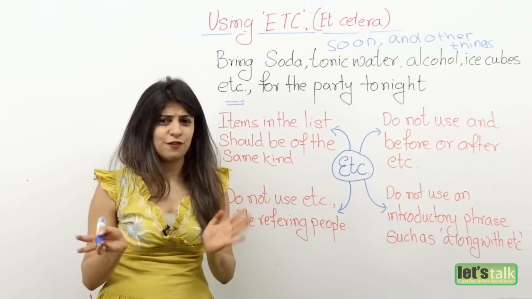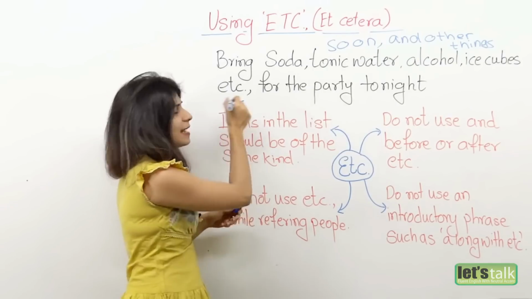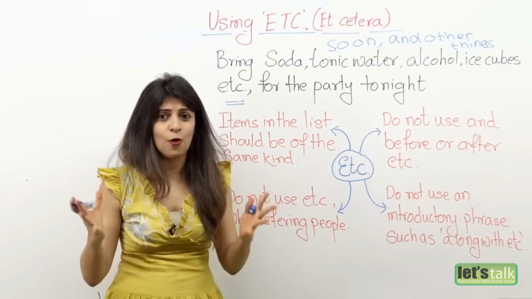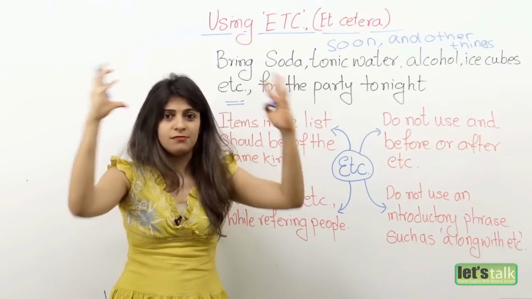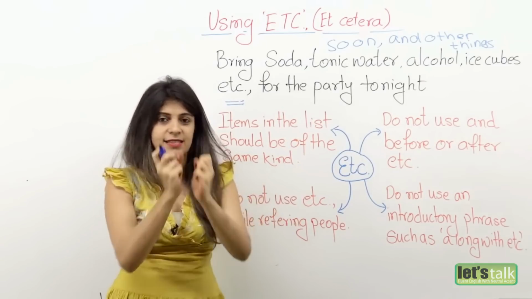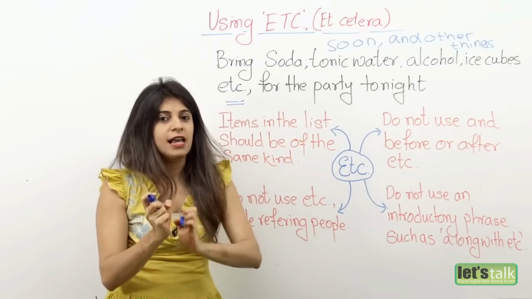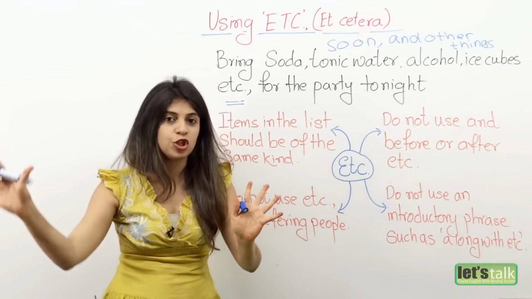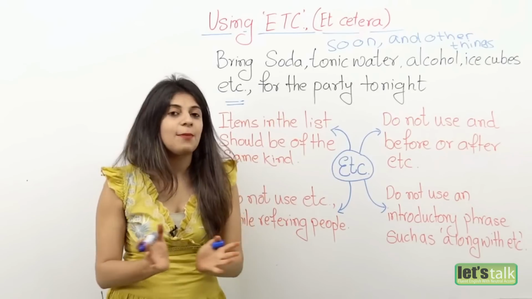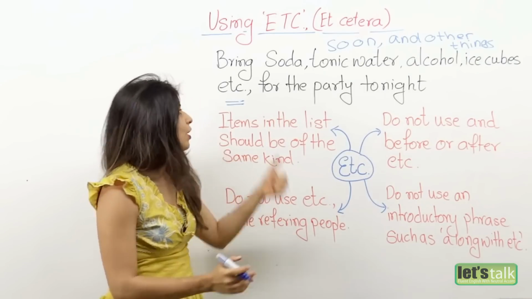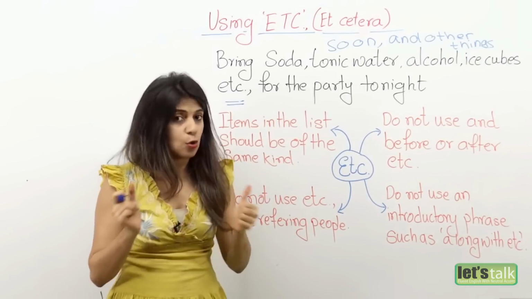She will get confused about what the etc. stands for. I have no clue because the list is different. I'm asking for a dress, I'm asking for chicken. It's not of the same idea. So using etc. would not work.